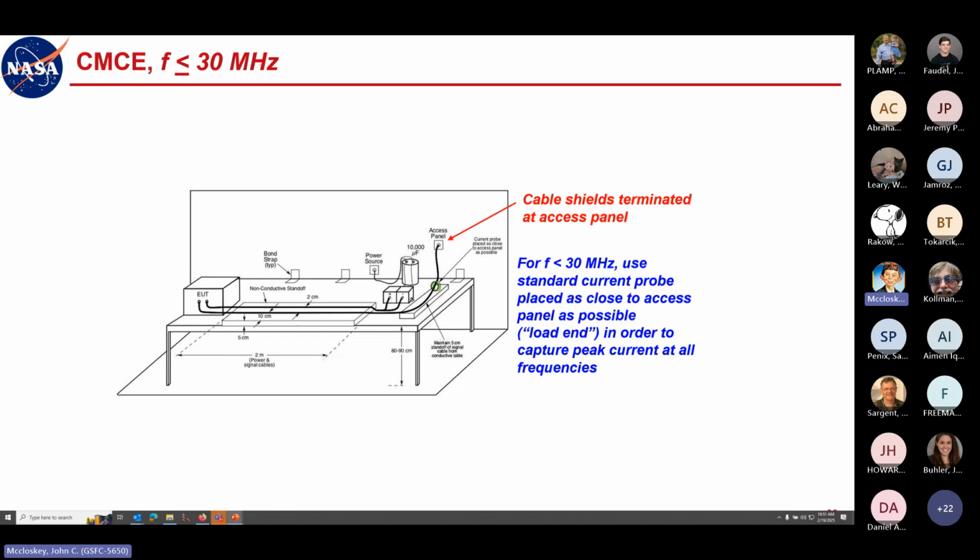They talk about the current probe being right near the capacitor network or the LISNs for differential mode, the standard conducted emissions measurement. And so for common mode on the power leads, making the measurement at the capacitor network is what we want, for all the reasons that I'm talking about. Does that answer your question?